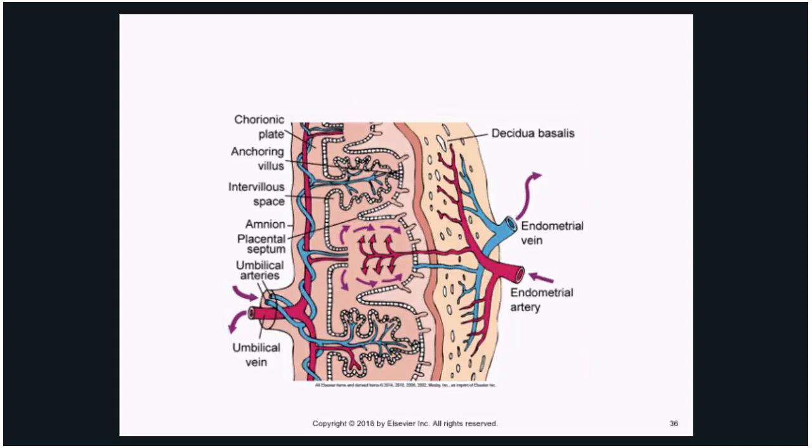Showing the placenta attached to the uterus. And remember, with the placenta, there's one vein and two arteries.